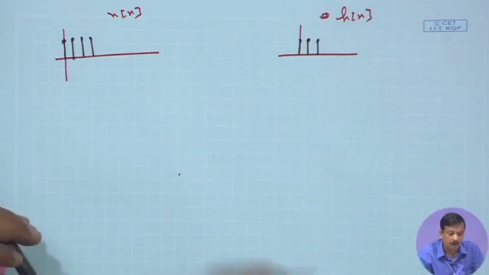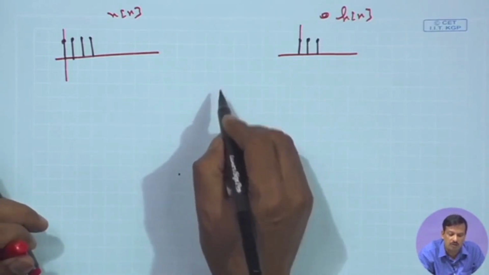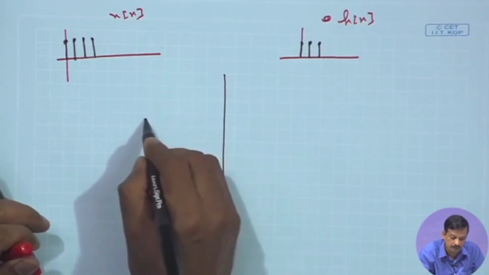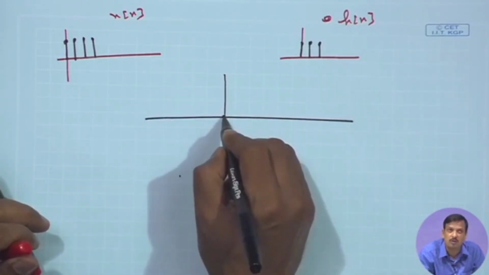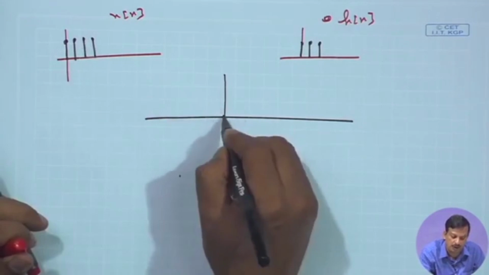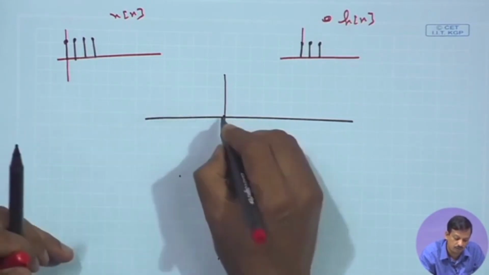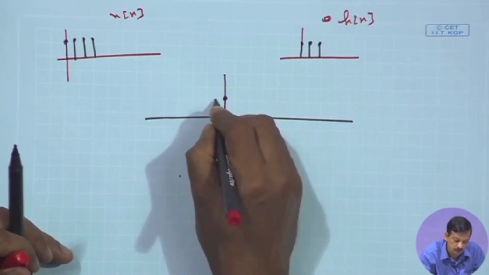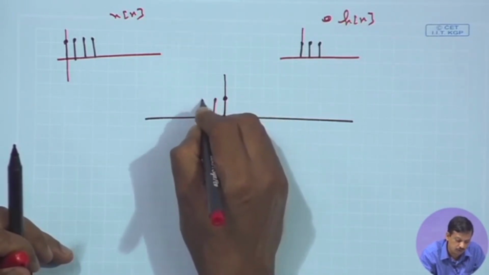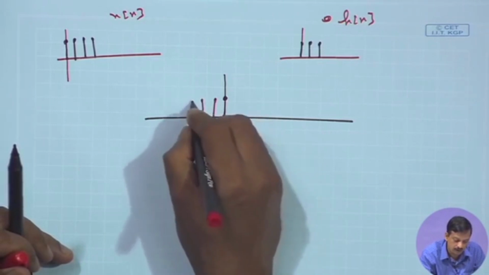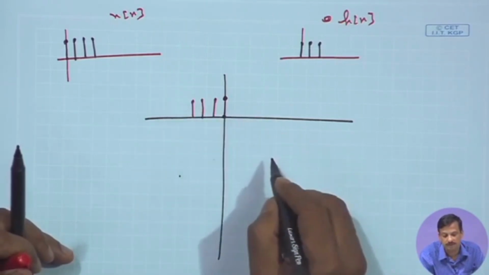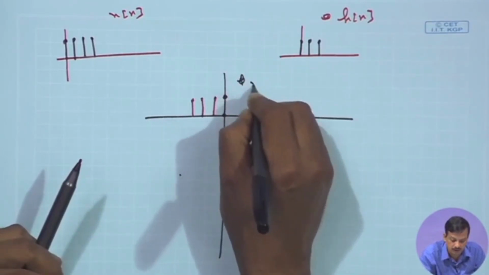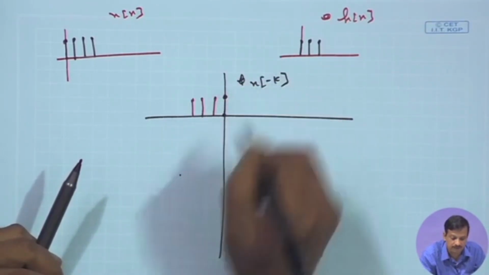Now, what I said: to produce the convolution, x[n] has to be folded. So, I fold x[n], and this is x[minus k].